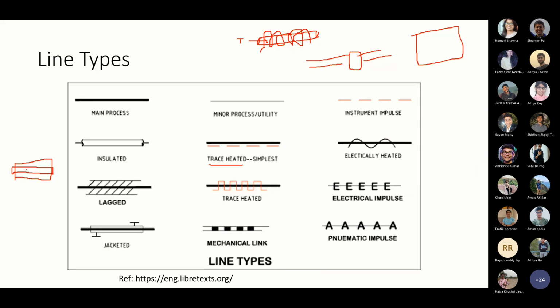Even after placing the insulating materials, a certain amount of temperature drop will still happen. So the place or the process conditions where we see that loss of temperature, where a certain amount of insulating material is covered but we still see some lagging in the temperature, there we use this type of thing, the lagged pipe.